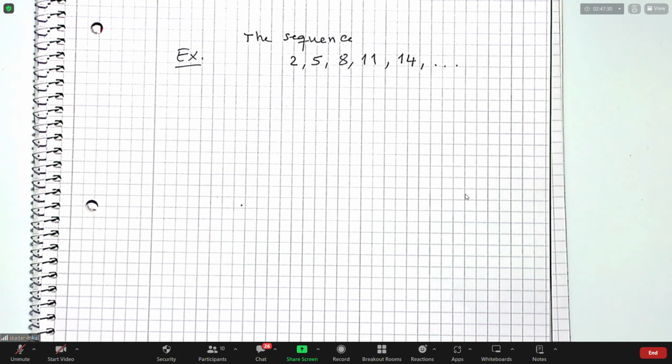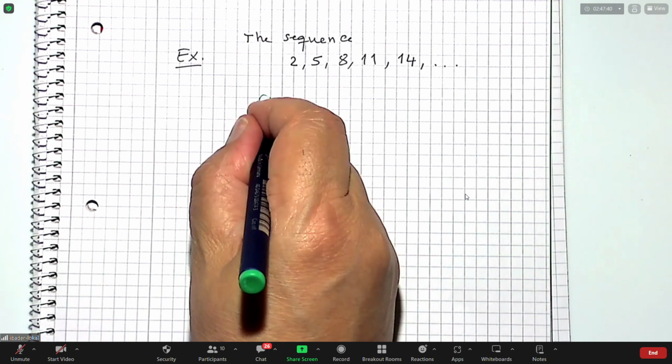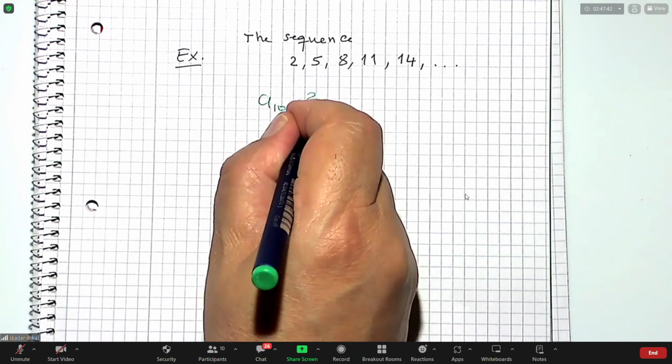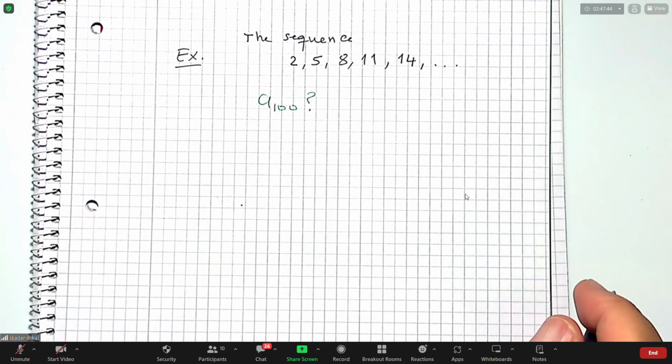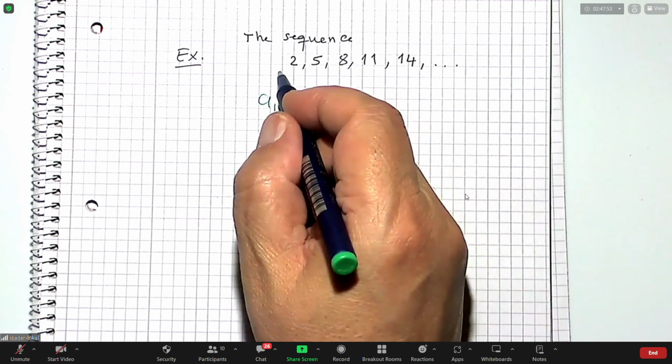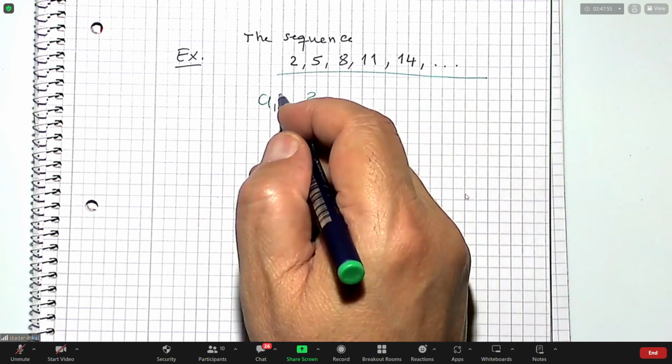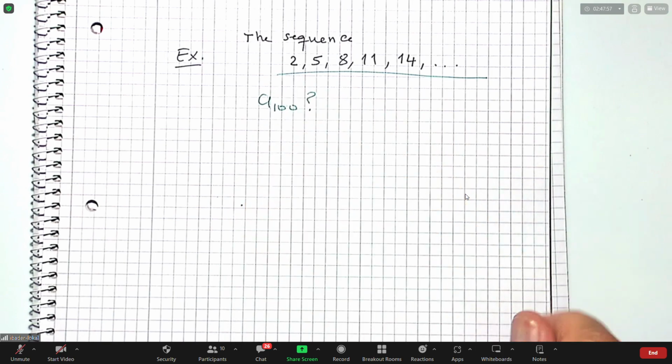Or neither? If I ask you to evaluate A100 here, I give you this sequence and I want you to evaluate the 100th element.